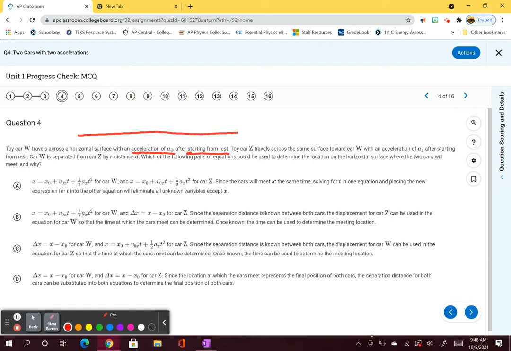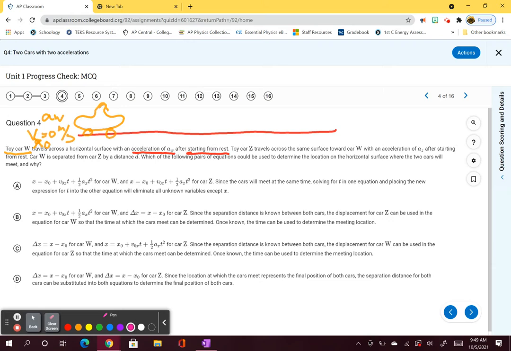Then we're going to have a little sombrero car here. This orange color will be the W. And we have some acceleration, and we know that it's starting from rest.